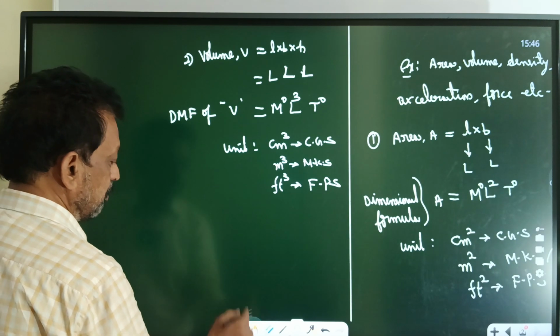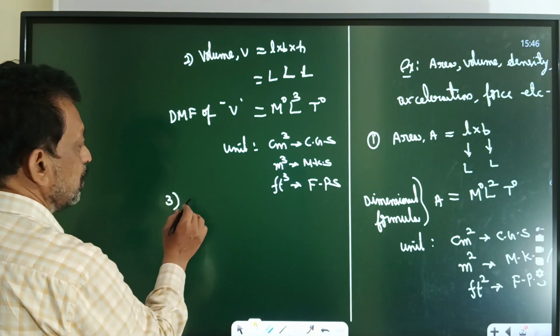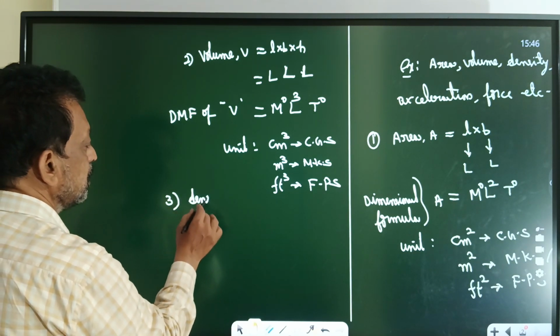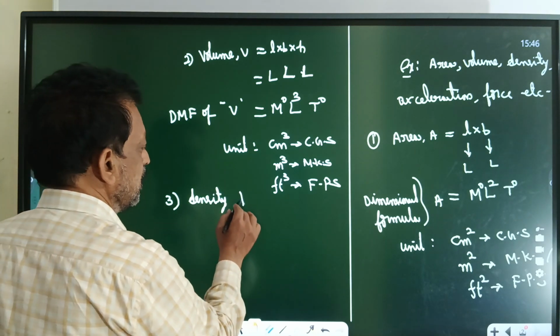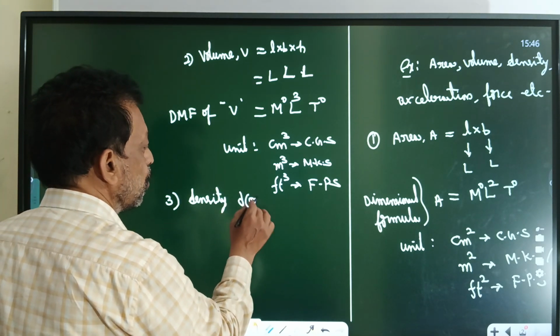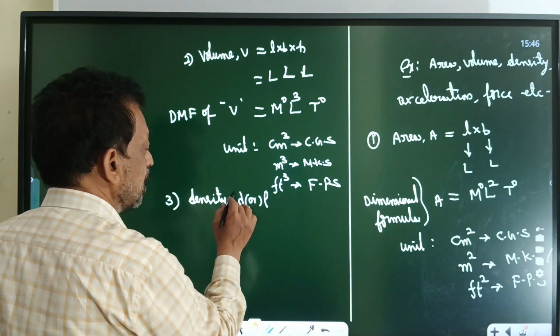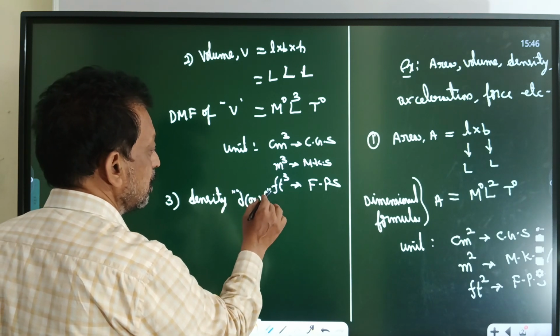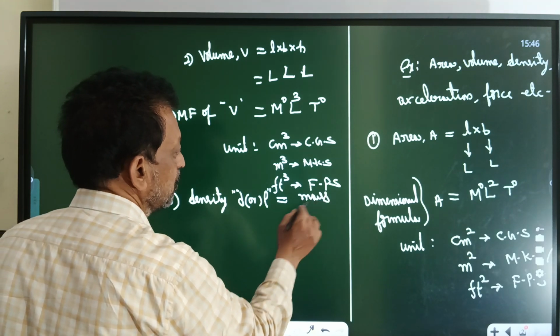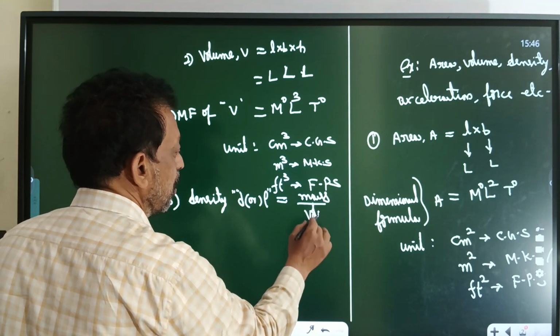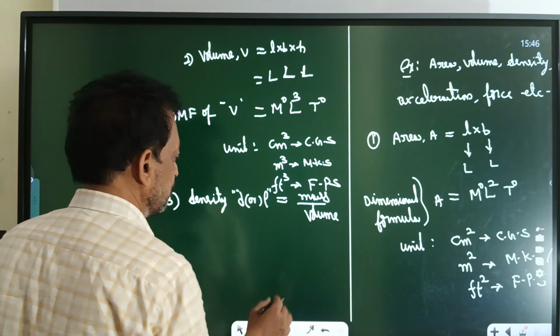Now write density. Density symbol is D or rho. So this is called density. Density is equal to mass by volume. All of you know density is equal to mass by volume.